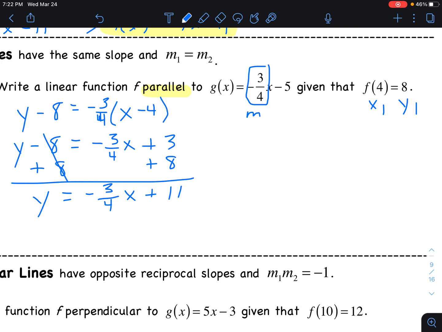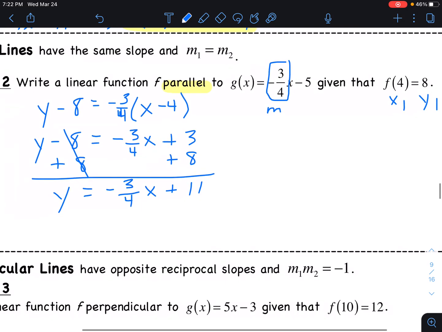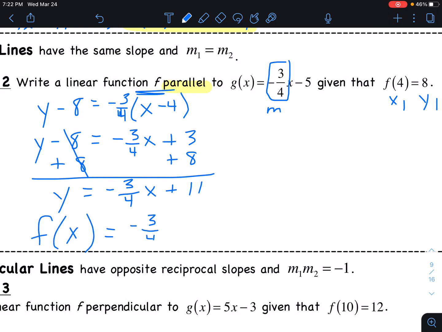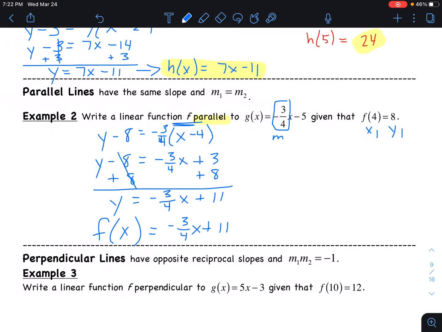And then it says, back here, write a linear function f. So I'm going to change it to f of x equals negative 3/4 x plus 11. And then I double check my directions, write a linear function f. I did that, and there's no follow-up to it. So that's it. I'm done there.